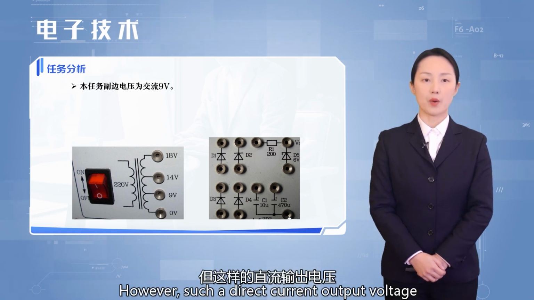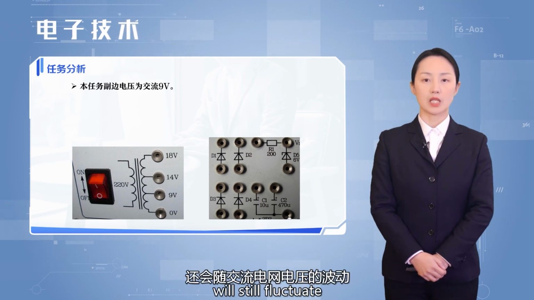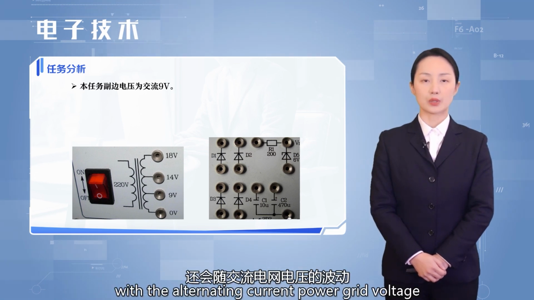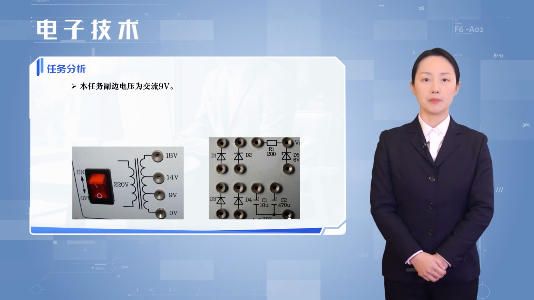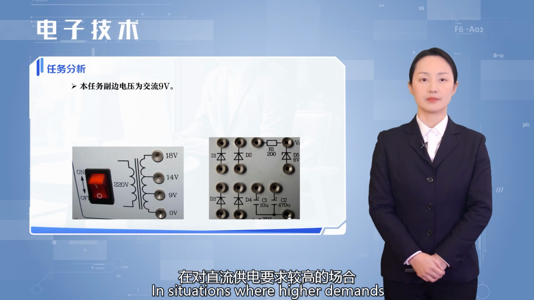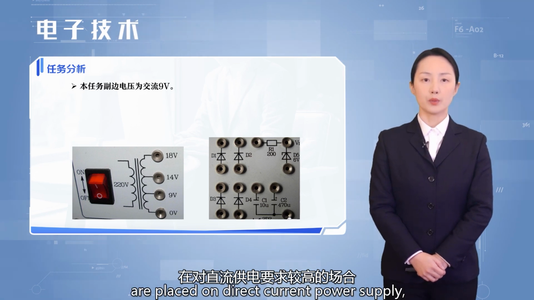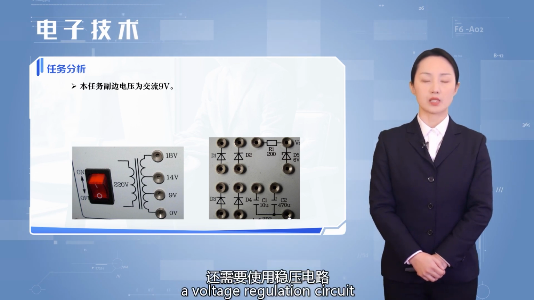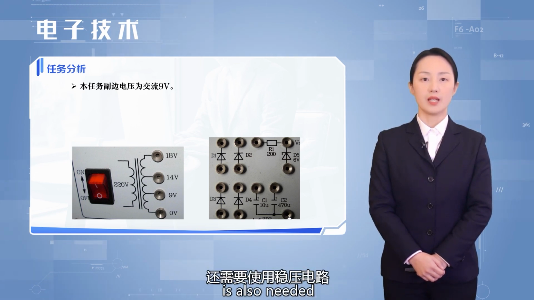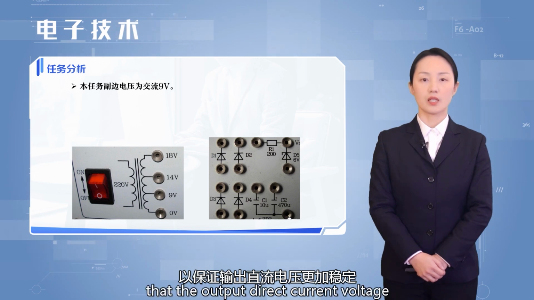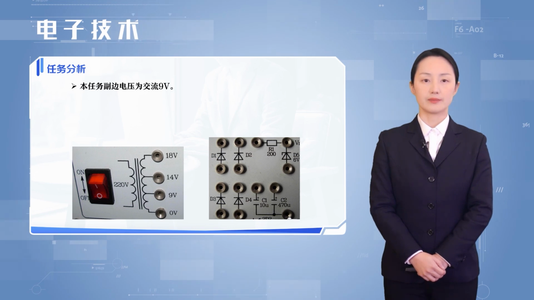However, such a direct current output voltage will still fluctuate with the alternating current power grid voltage or changes in the load. In situations where higher demands are placed on direct current power supply, a voltage regulation circuit is also needed to ensure that the output direct current voltage is more stable.